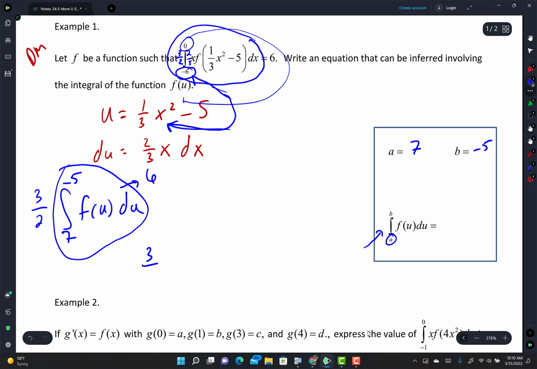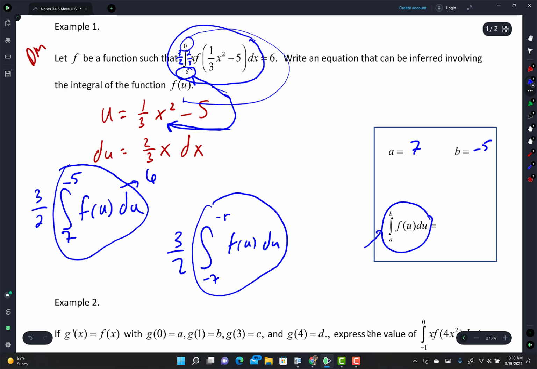So what is 3/2 times 6? Oh wait, but that's not what I want. Okay, sorry guys. I was about to give you a wrong answer. That's not what I want. 3/2 integral -7, -5, f of u du. They want this integral value by itself.